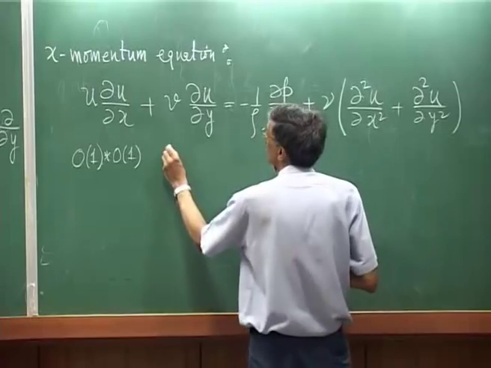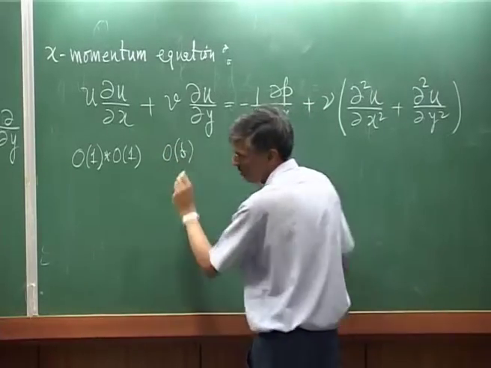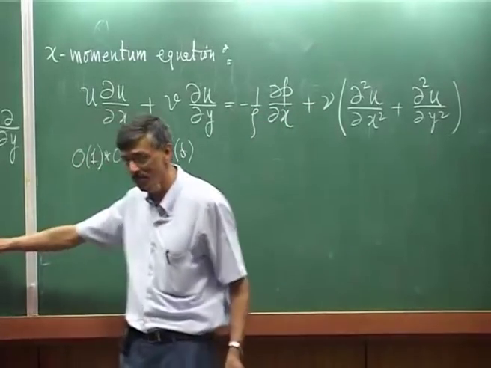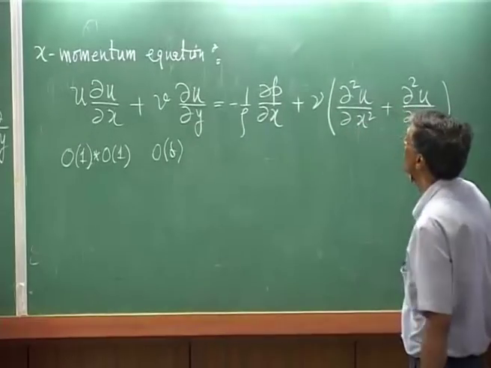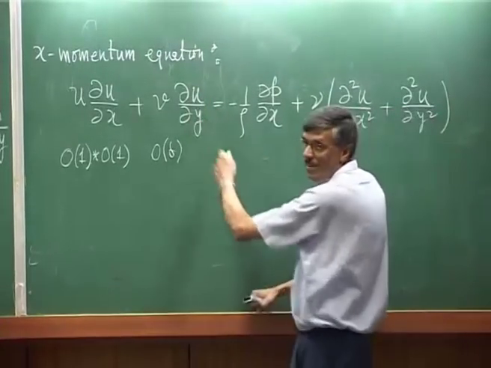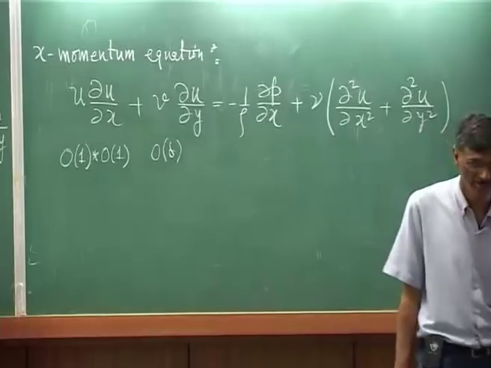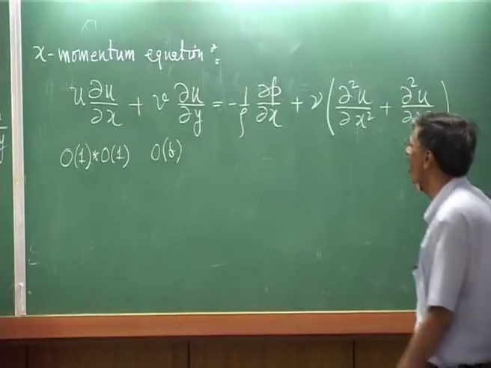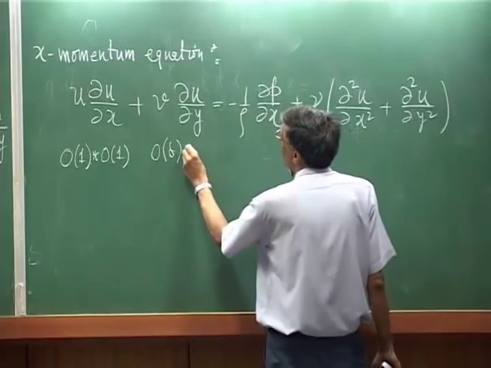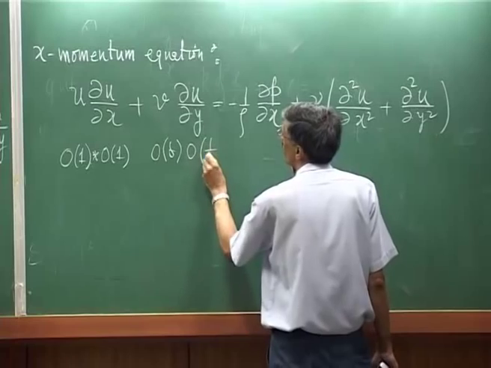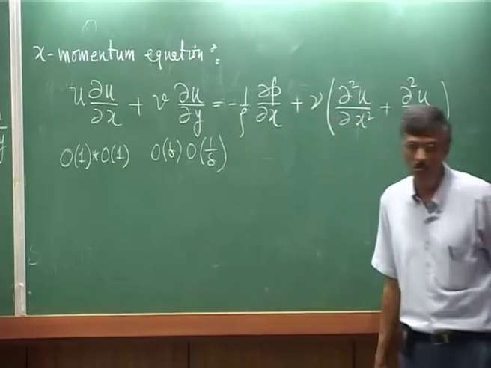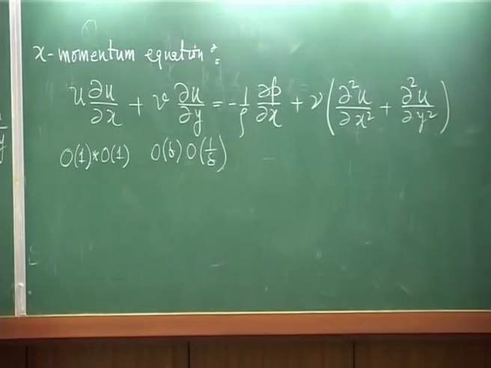V is order delta, that is what we noted here, right. What about this term, del u del y? Del u del y would be a term which is order 1 over delta, because things are happening much more rapidly in y scale, and that is in the denominator, right. So, that is why it would be that.